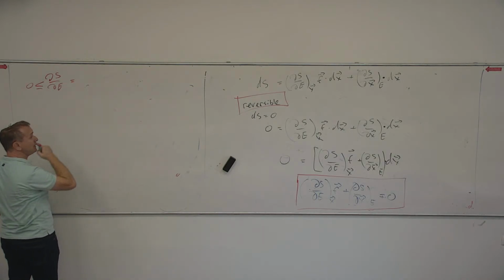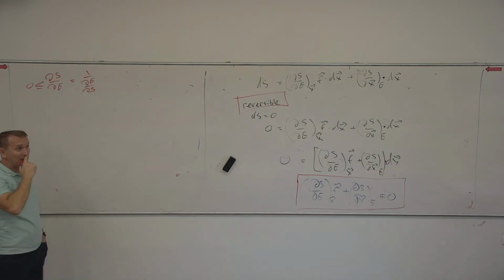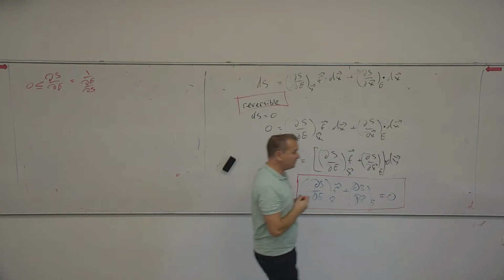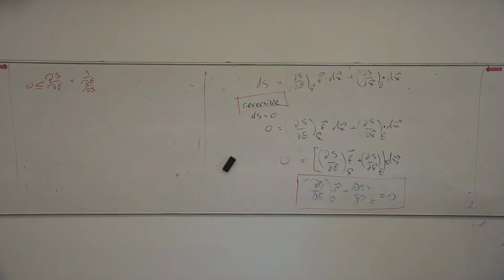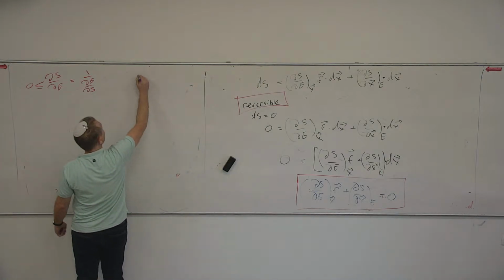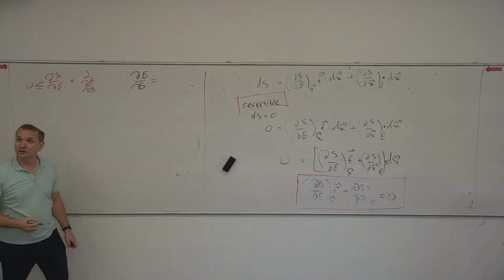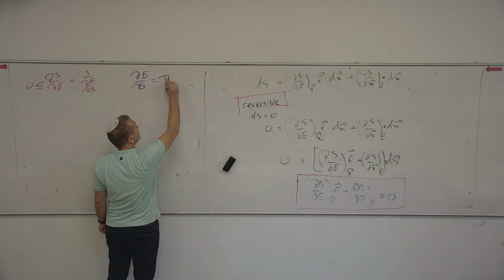But actually, I can say it is 1 over dE/ds. And I want to introduce a new quantity. dE/ds, I will call it temperature, T.